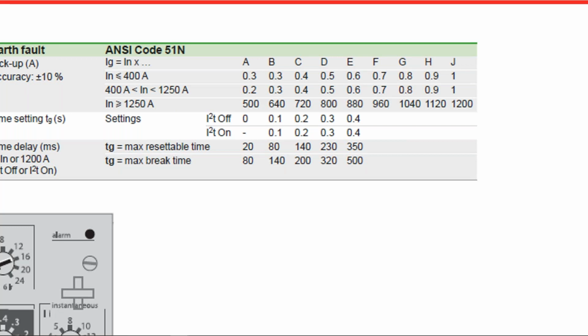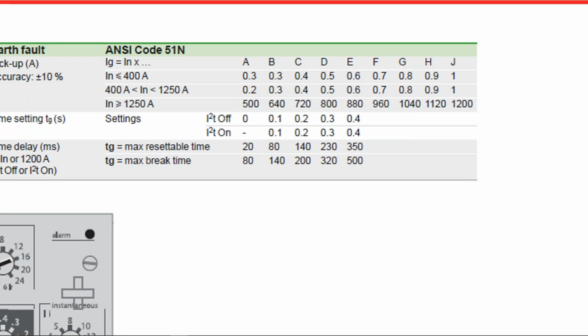If I'm on position A, as you can see in the table, then my pickup value is 500 amps, and so on and so forth. And if you remember that slide we saw at the beginning saying that it's either 125% of nominal or 1200 amps, whichever is smaller, this is reflected here in this table, which again is taken directly from an actual circuit breaker manual.